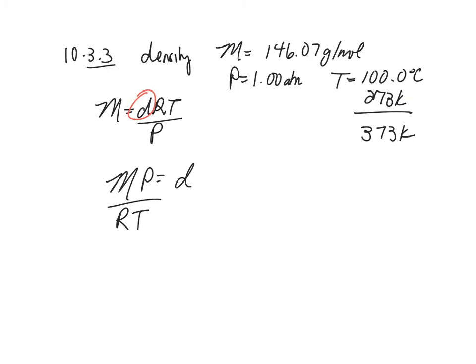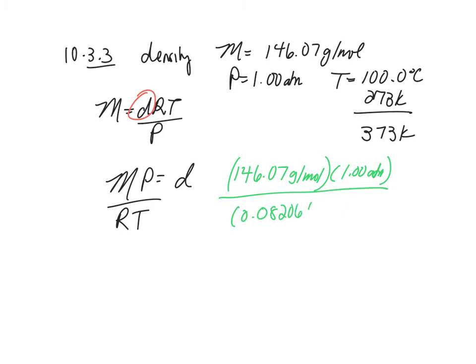And now you want to plug and chug. You have 146.07 grams per mole. The pressure is 1.0 atmospheres. The R is 0.08206 liters atmosphere per mole Kelvin, and the temperature is 373 Kelvin, and this equals your density.